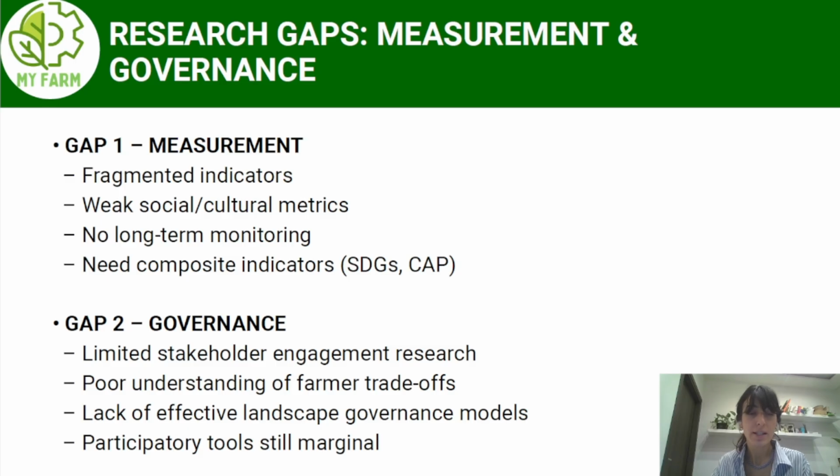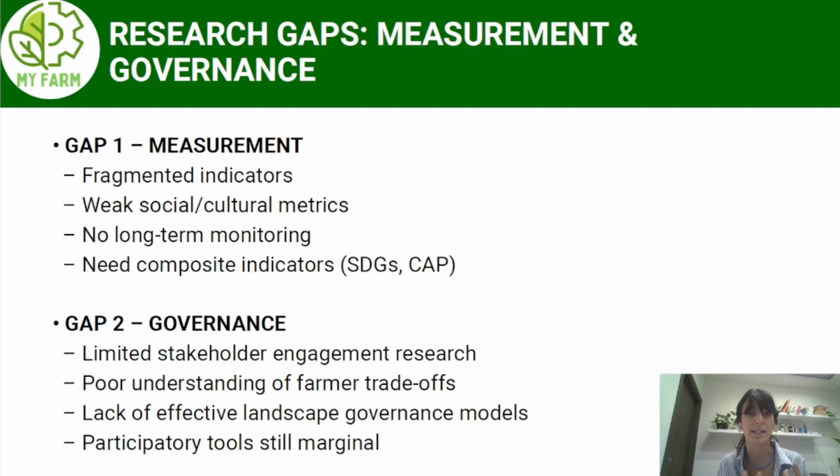Then the second gap, as you can see, concerns social, political dynamics and governance. We still know little about how multifunctionality is interpreted, negotiated, or implemented by farmers or other stakeholders. How do farmers manage trade-offs between production and ecosystem protection?